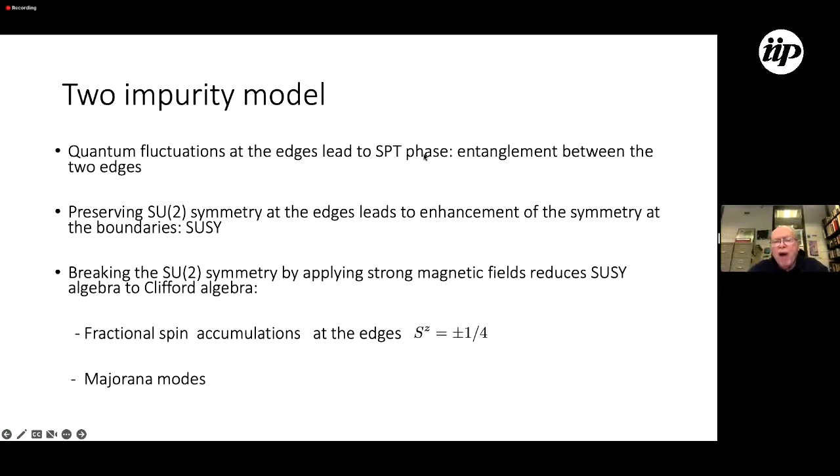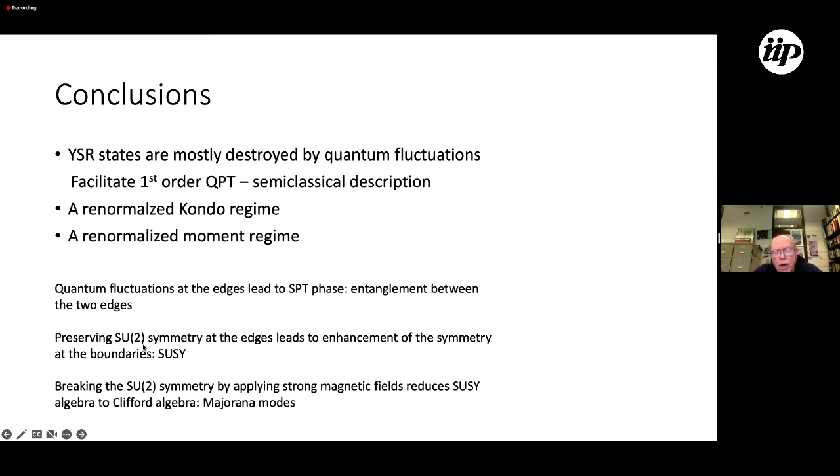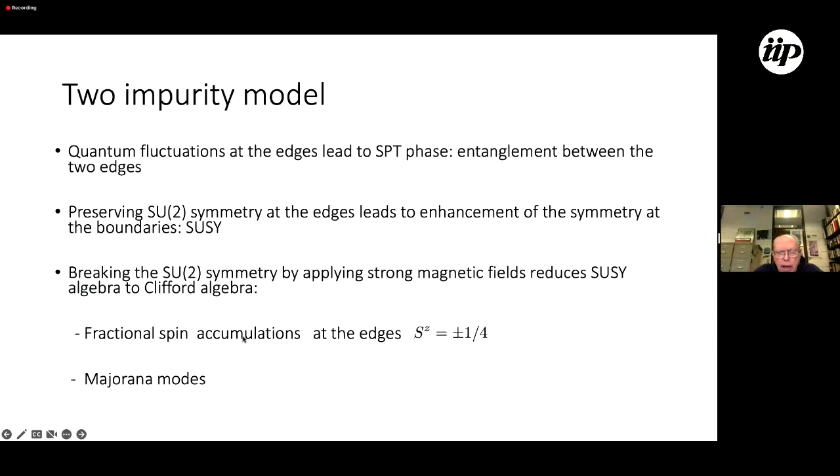appearance of fractionalized charge. If we, on the other hand, do not apply a field and we maintain the SU(2) symmetry, then we have enhancement of symmetry at the edge and at the boundaries, and we get supersymmetric algebra, which when we break, again, we reduce the supersymmetry into a Clifford algebra, which supports a spin accumulation at the edges of S_z plus minus quarter.